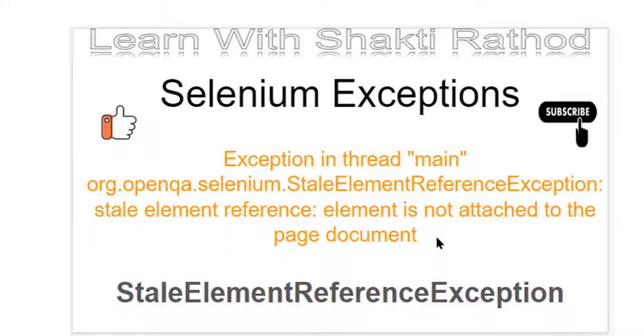When we assign that element to a particular variable and the page gets refreshed, or the frame gets changed, that whole element has changed. At that time the old reference is not present, so the variable is not pointing to the old reference. Then this exception will come.